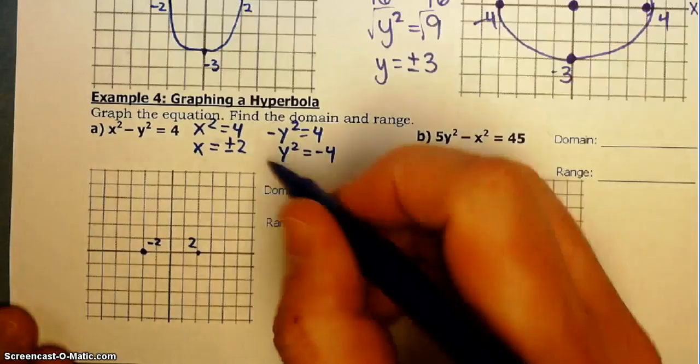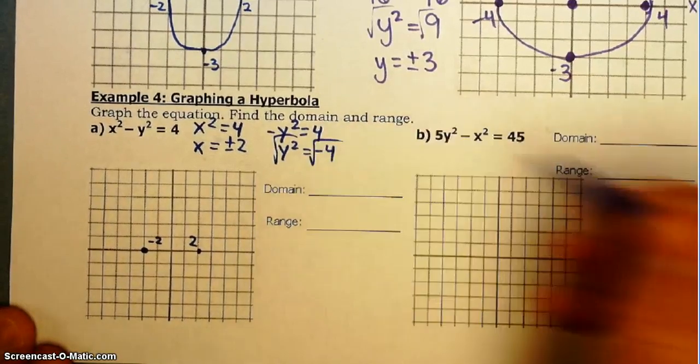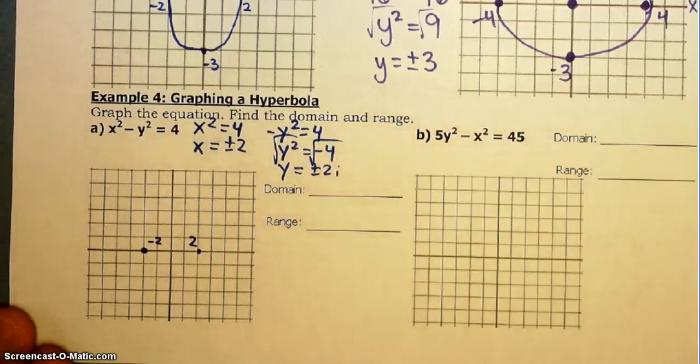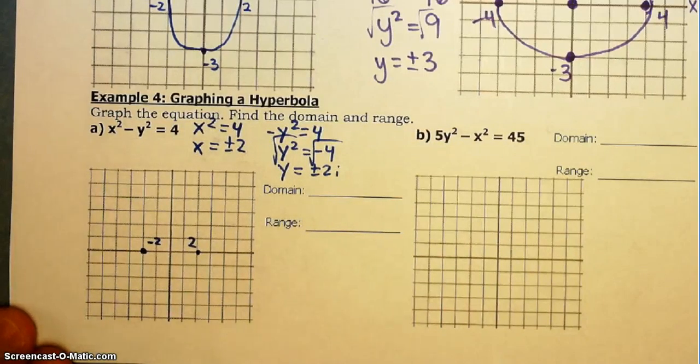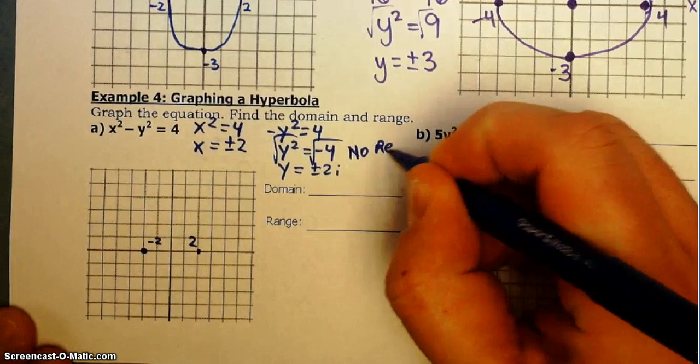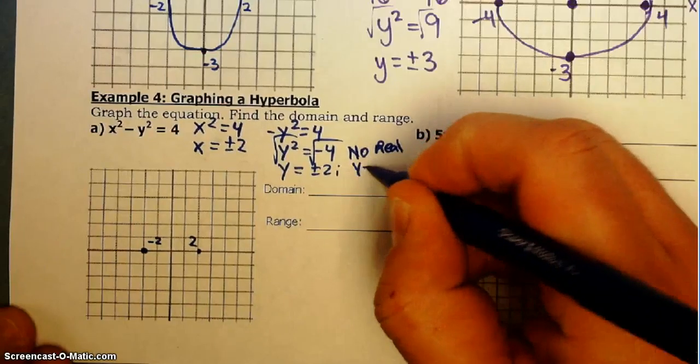But when I square root both sides, some of you smart cookies are going to say, well, y must equal plus or minus 2i. And that's great if you remembered that, but there's no way for us to graph 2i on a grid. So what we're going to say is there are no real y-intercepts.